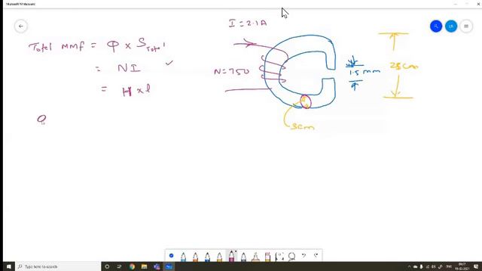This will be N into I, so that is 750 into 2.1. You get 1575.